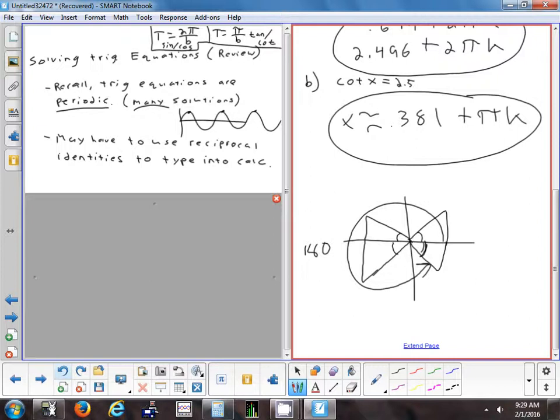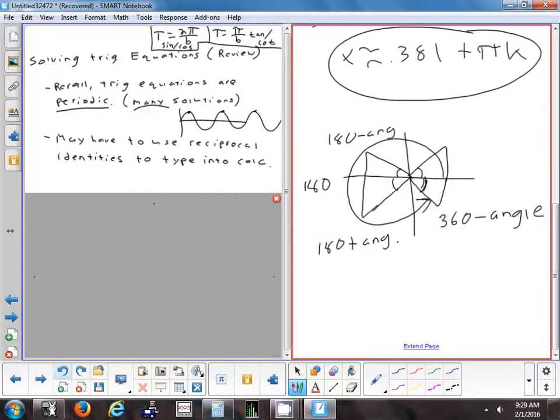Subtract it from here. So this one, maybe I'll write these down. 360 minus the angle. This one is 180 plus the angle. Quadrant 2 is 180 minus the angle. And quadrant 1, that's the answer the calculator gives you.